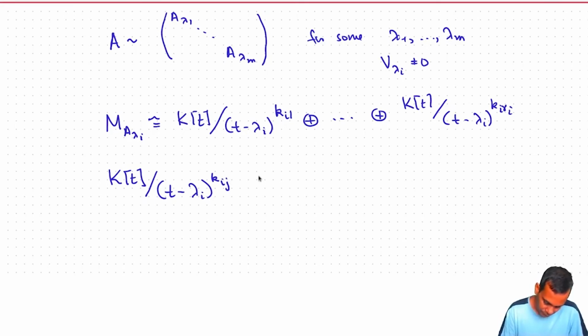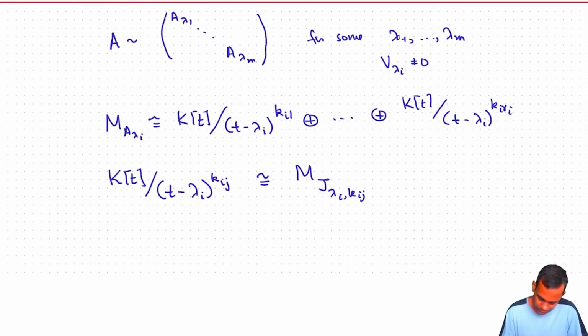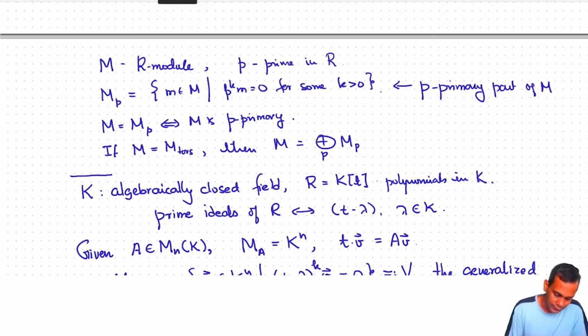This is isomorphic to the Jordan block J(lambda i, k_ij), with eigenvalue lambda i and size k_ij. So finally, what we have is that the matrix A is similar to a matrix of the form.